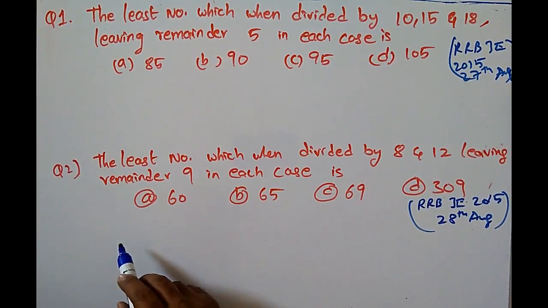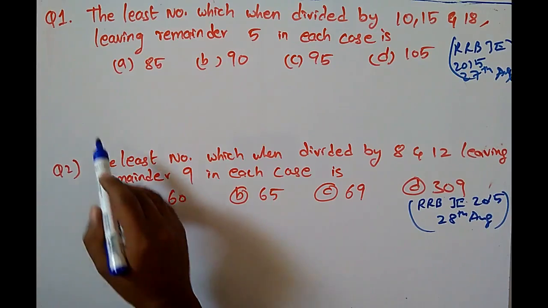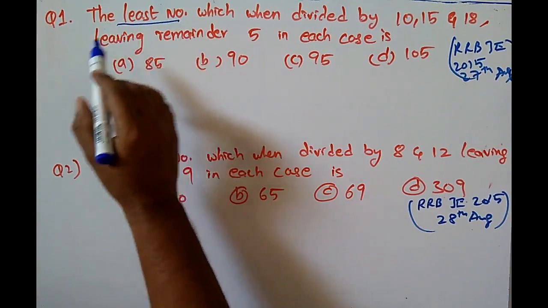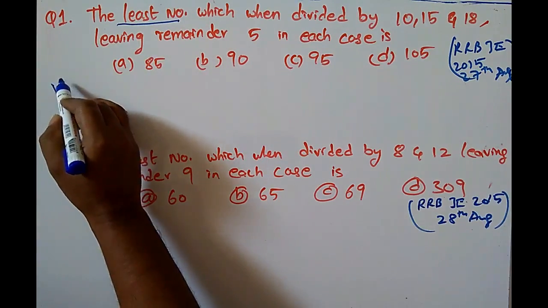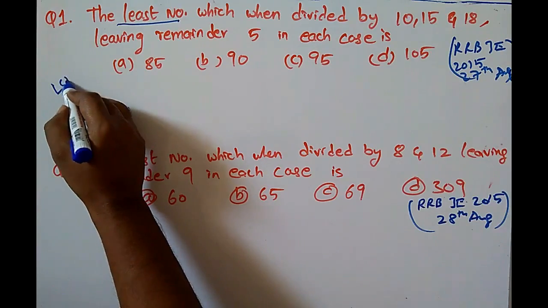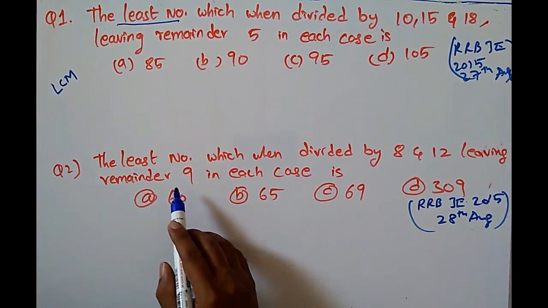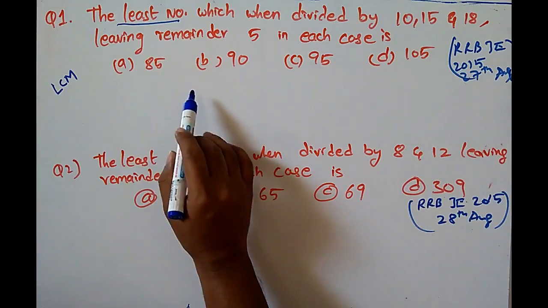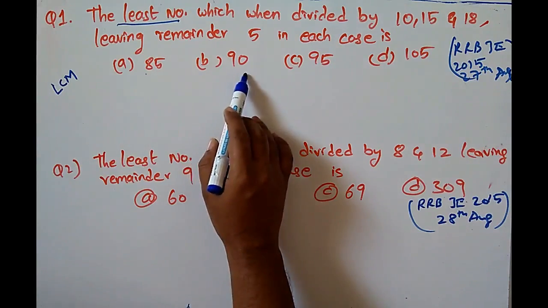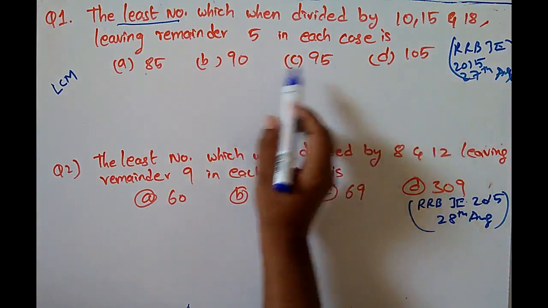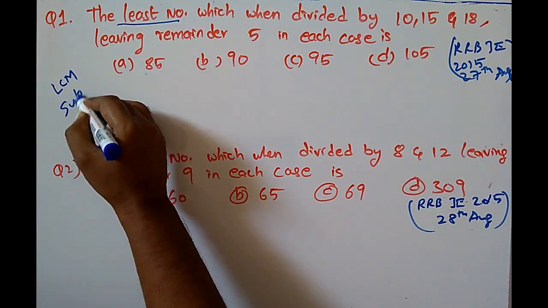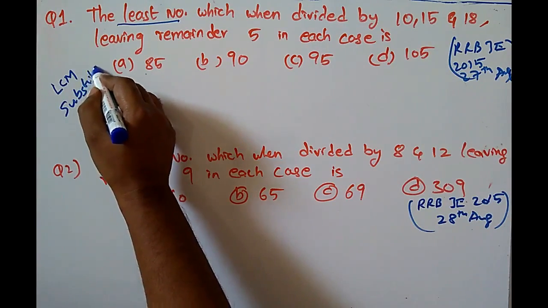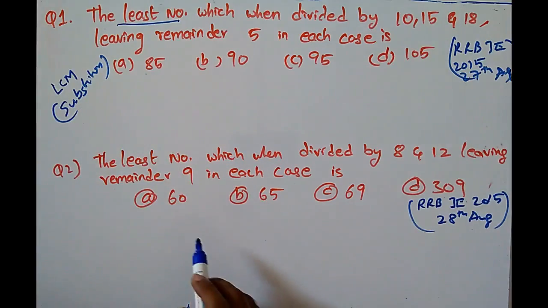So the other set of problems is to find the least number. Whenever there is a least number, you are asked to find the common multiple or least common multiple. Okay friends, but if the options are directly given, then we will go for the substitution method. How to do this method, I will tell you.